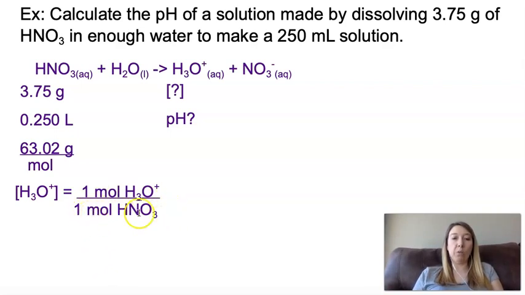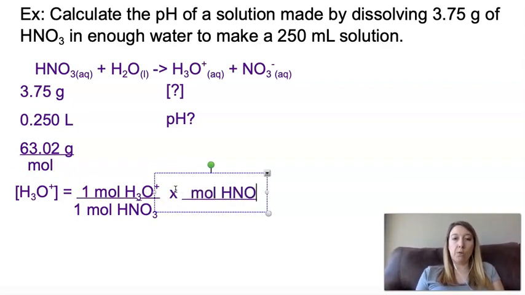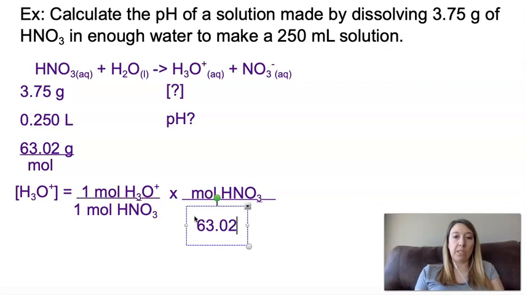So I need to get rid of moles of HNO3. I look at HNO3, it's over here. Here's something with moles. To be able to cancel it, it has to go in the opposite spots. We're going to do times moles HNO3, right? We're going to flip that over 63.02 grams.